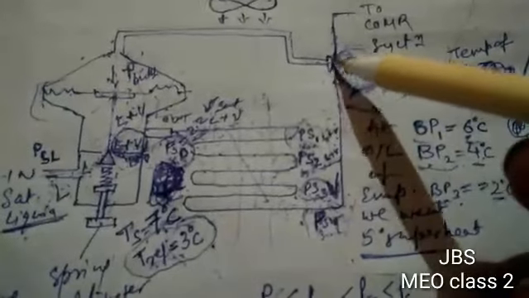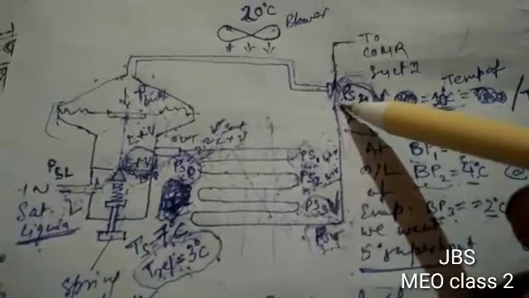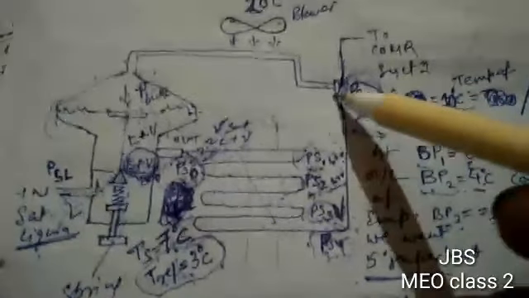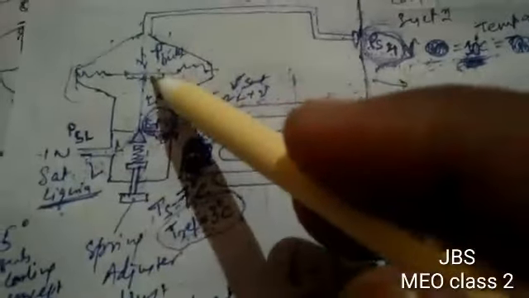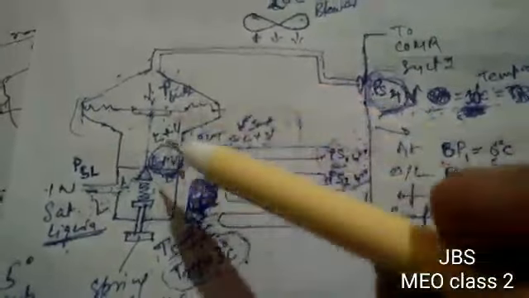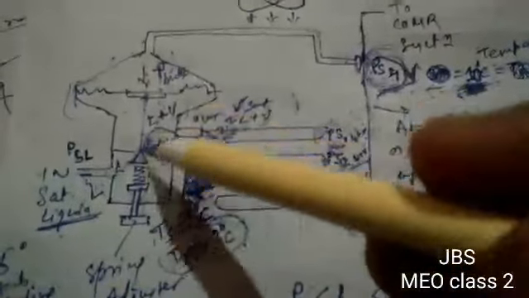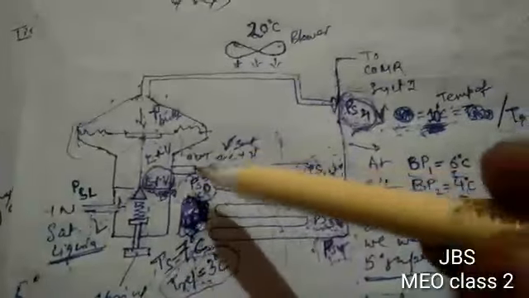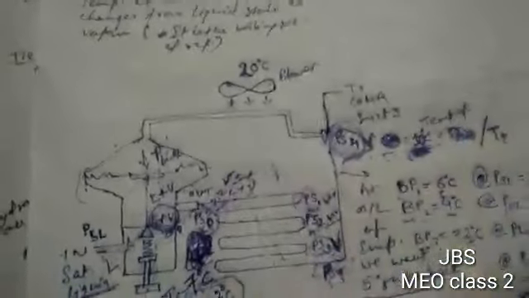Now this time, as the temperature of the refrigerant is low, P bulb will be less than the spring pressure, so because of that it will shut. So what we are seeing is that it keeps on hunting. A kind of hunting we are observing here. So we don't want this kind of hunting, so we need to have an external equalizing line.